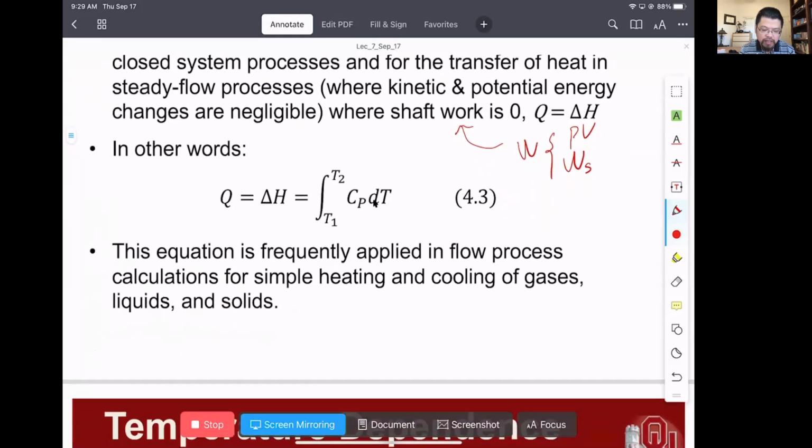And we understand from those previous discussions that the heat flow for the steady state flow process, Q, would be the change of enthalpy of the state. So we are moving from the path function to state function.